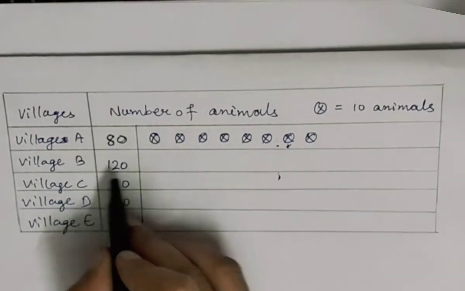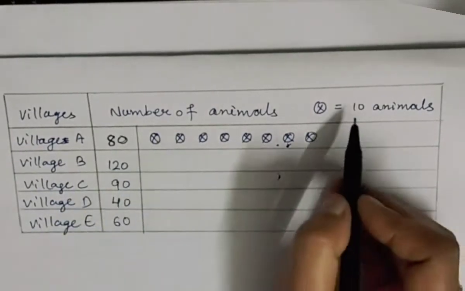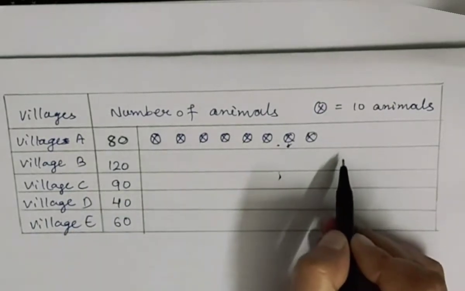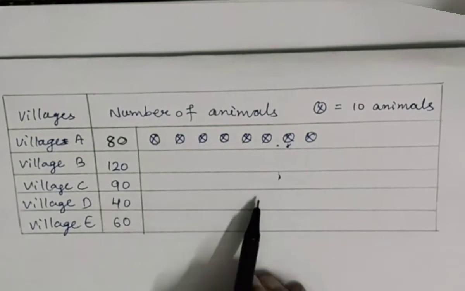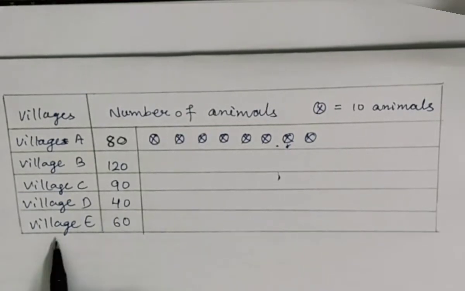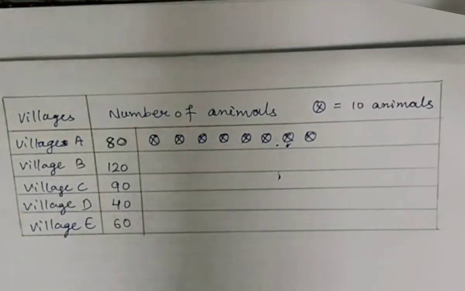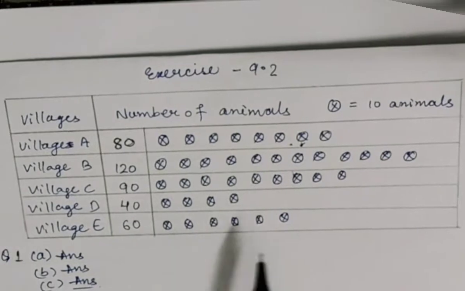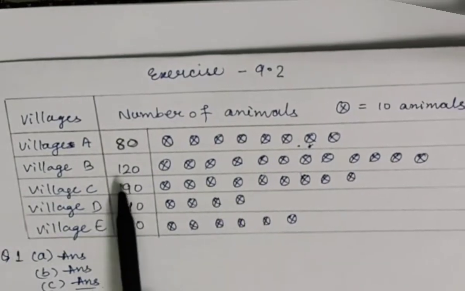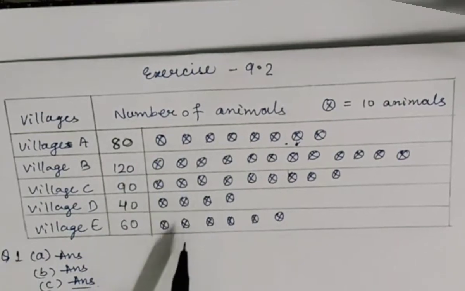Similarly for village B, it's 120 animals there. So how many of these figures we need to draw here? 12. Village C we need to draw 9 figures. Village D we need to draw 4, as it is 40. For village E we need to draw 6 of this kind of figures. Now you can see here I have drawn all these figures in front of these villages, how many animals they have.